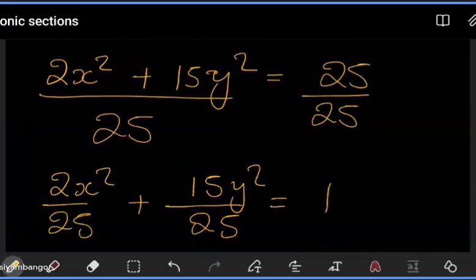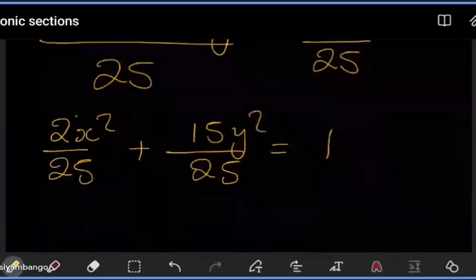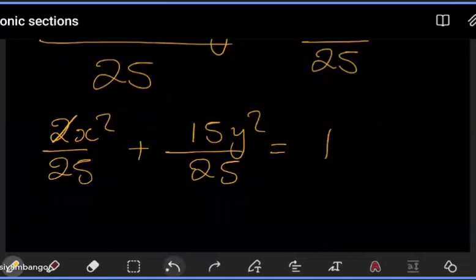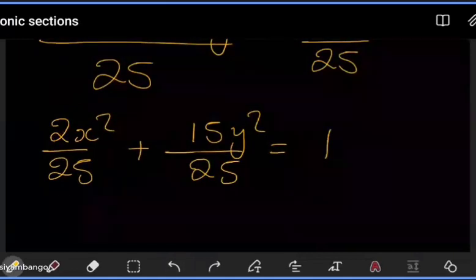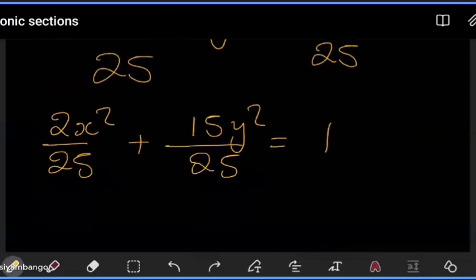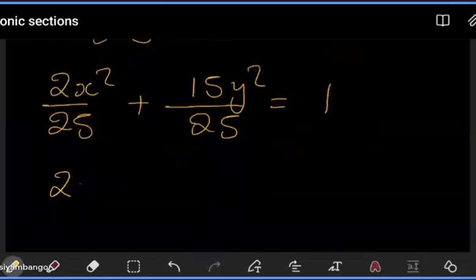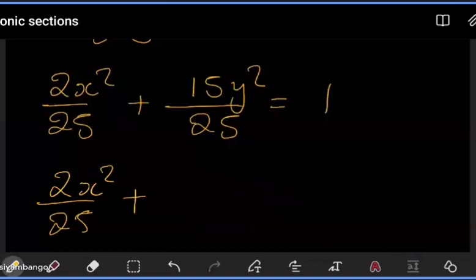But look at this: 2 does not go into 25 properly. It will leave a remainder. How do you approach it in this case? You can reduce 15 and 25 here. And if you did that, the 15 and the 25 will give you 3y squared over 5, and this would be equals to 1.